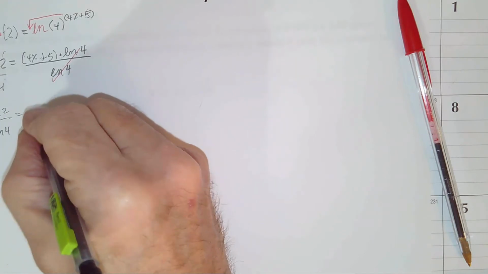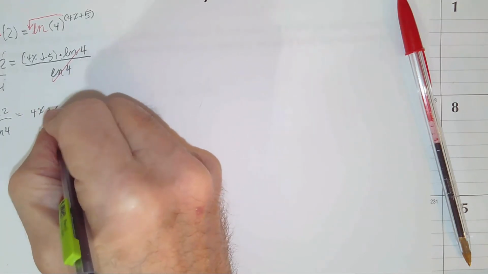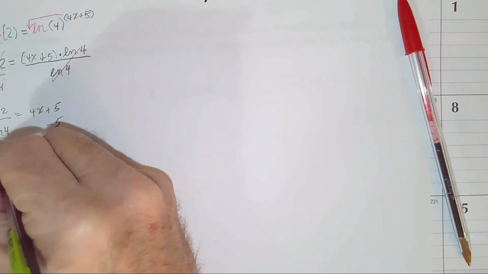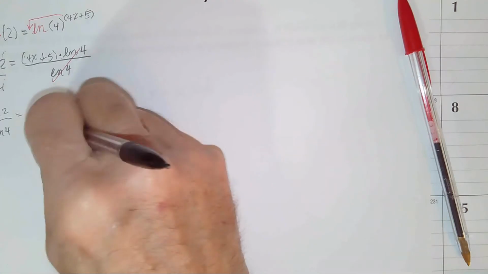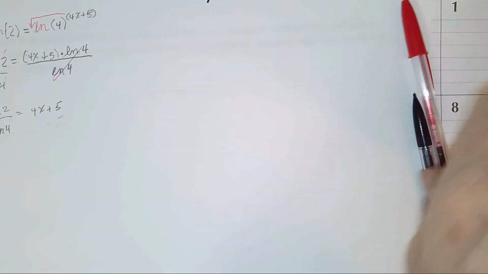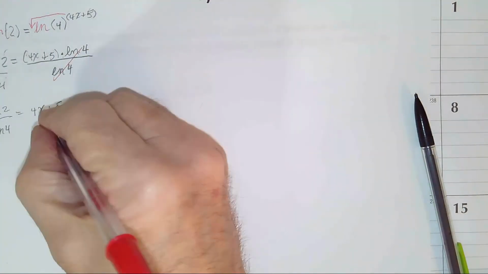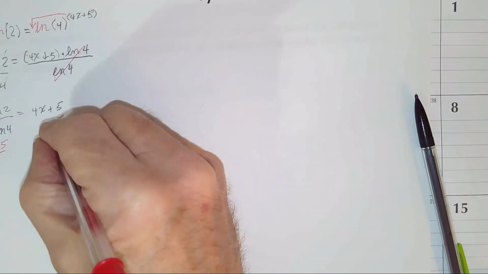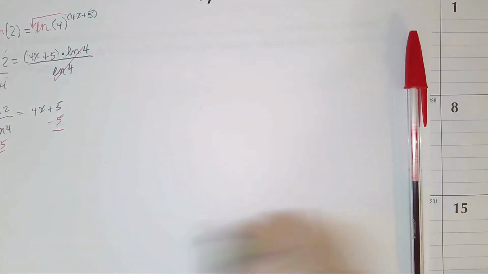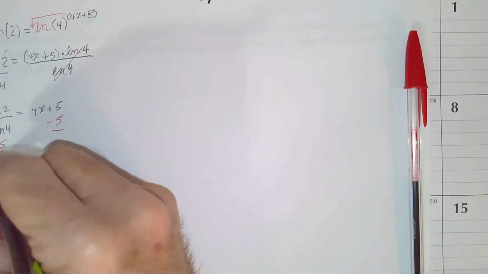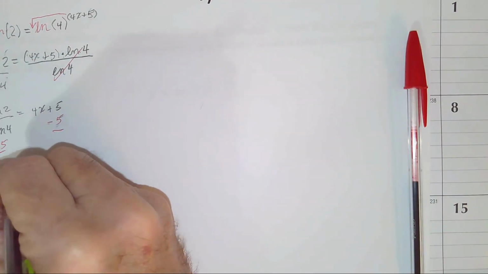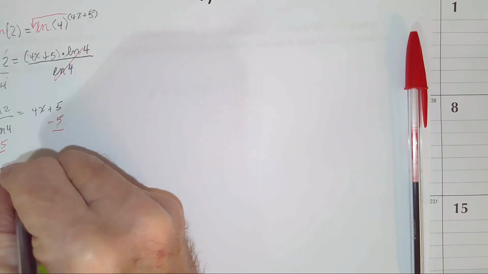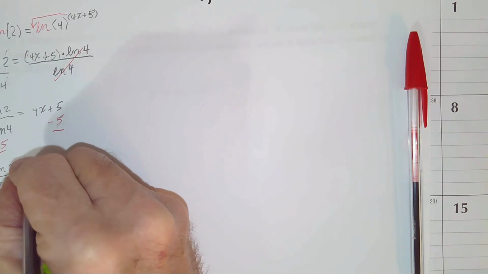All right, now we can get rid of the 5, subtract 5 from both sides. Let's do it in red. Subtract 5. And so I'm going to have now the natural log 2 divided by the natural log of 4 minus 5, and that equals 4x.